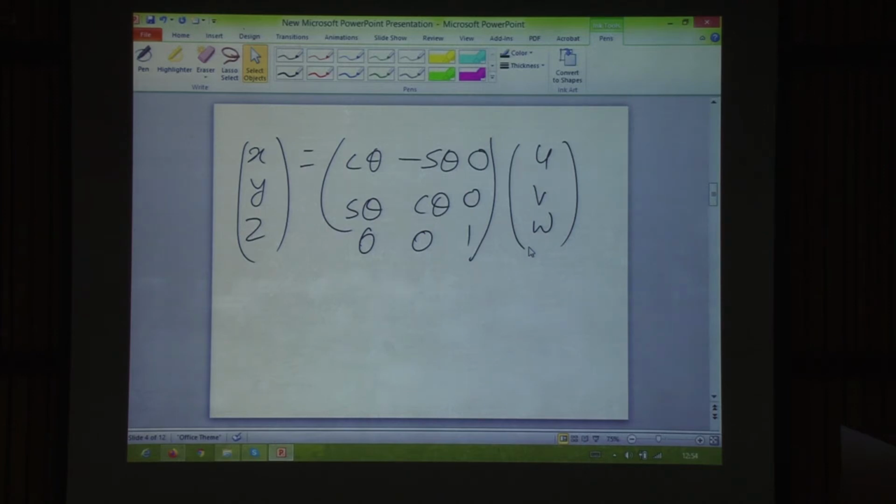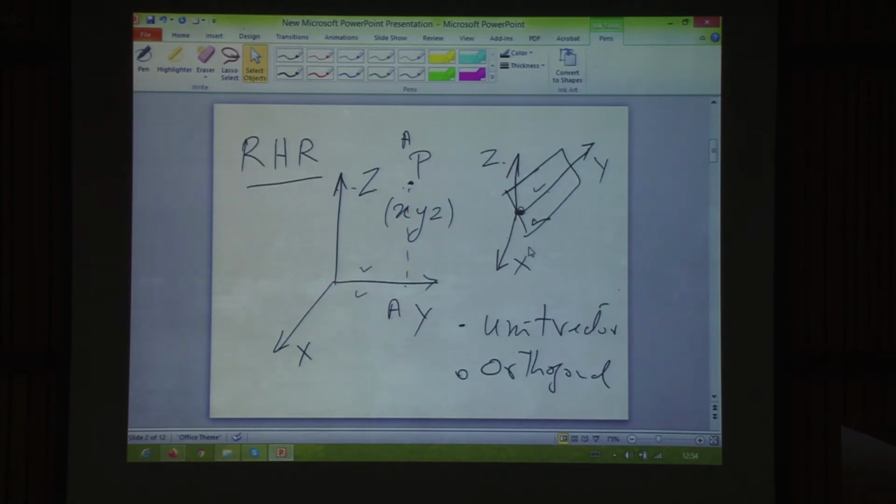Okay. And if you note a couple of things here, this is a column vector, this is a column vector, this is a column vector. Now, the mod of these 3 column vectors is 1, 1 and 1. So, cos squared plus sin squared is 1, sin squared plus cos squared is 1, and this is also 1. Okay. Now, why is it like this? It is like this because that is the way we chose our axis.